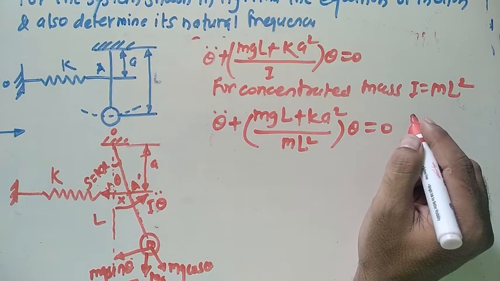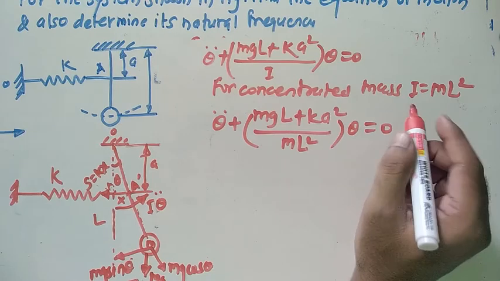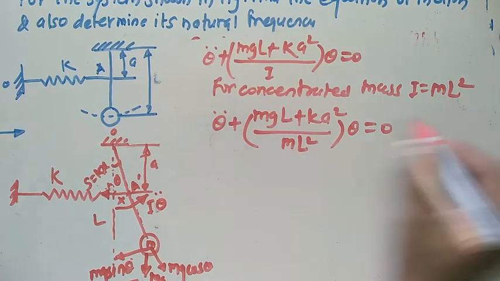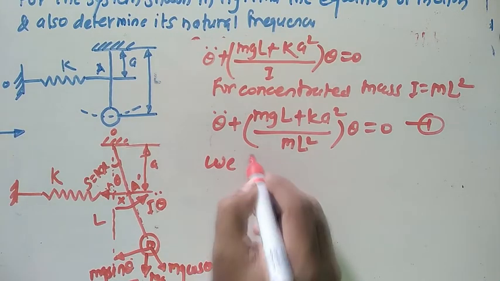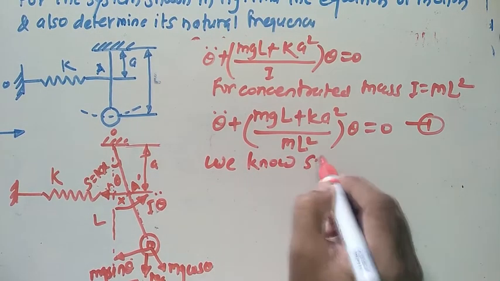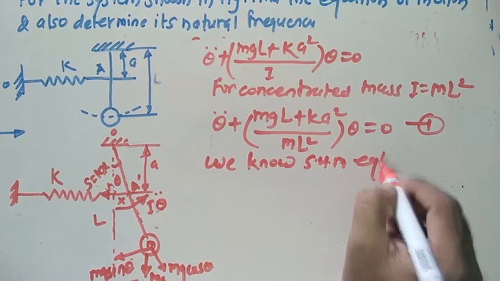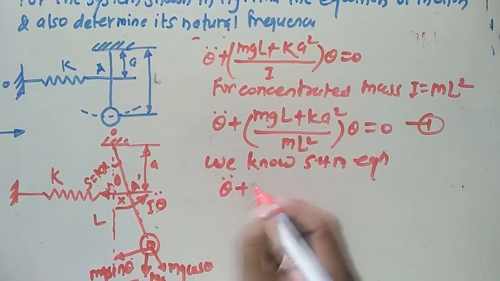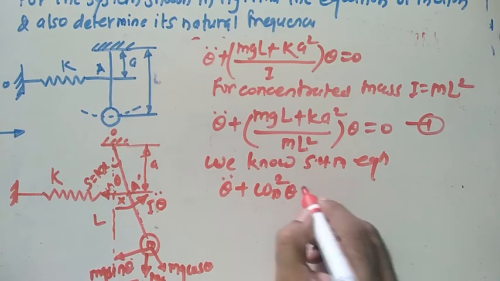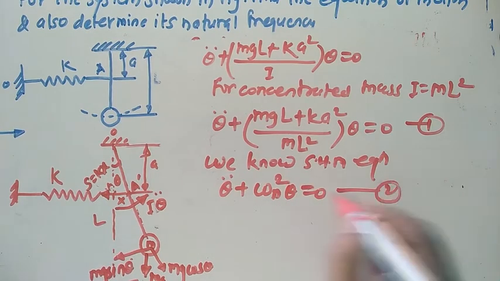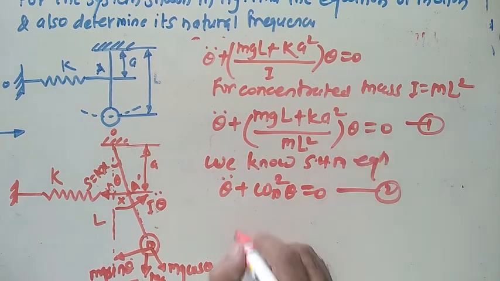In the next step, you can easily compare this equation with the SHM equation. We know the SHM equation: theta double dot plus omega n square into theta equals 0. We equate equations 1 and 2. What do we get?